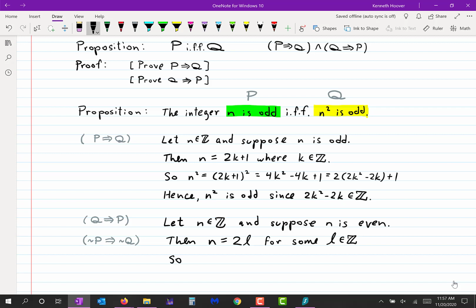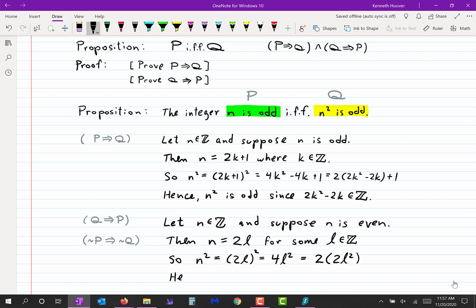So n squared would be that squared, right? Which is 4l squared, which is even, isn't it? Because that equals 2 times the integer 2l squared.